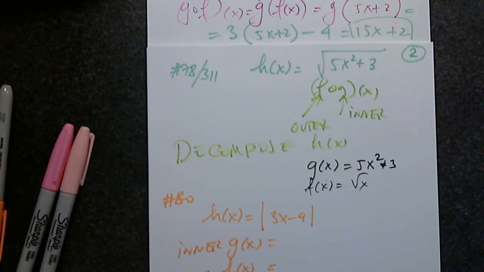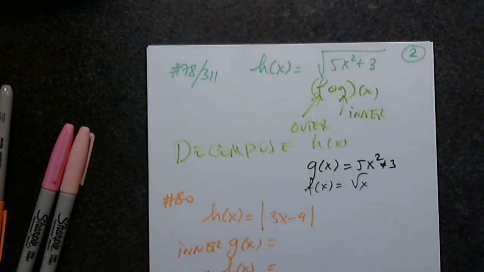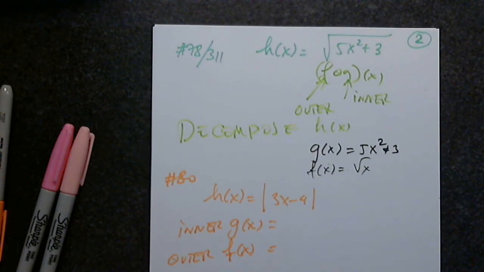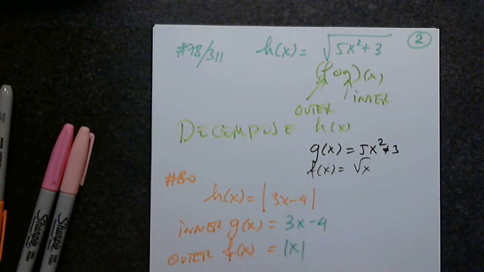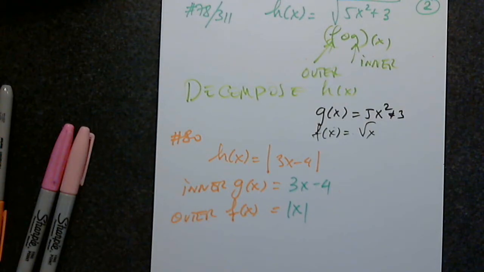Pretty much the same idea. So can anyone give us the inner function here? Perfect example. And once I'm done and I find one number, what function do I apply to this number? Perfect. Excellent. That's it. We decomposed it.